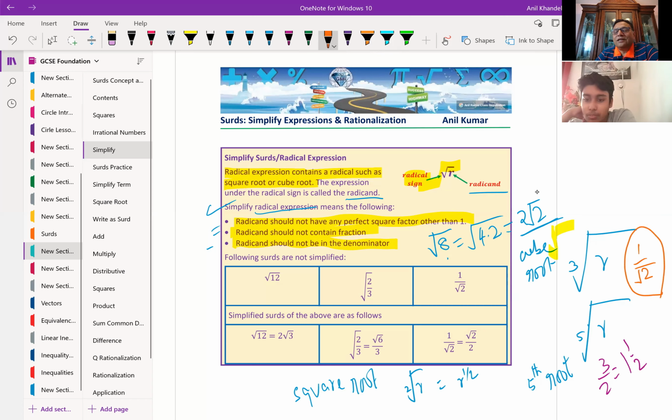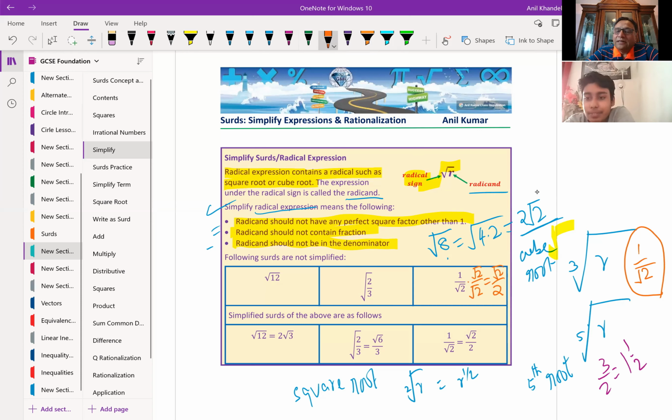I have to do rationalization to get it out of this. How do we do it? We can just multiply it by square root 2 on both the numerator and denominator. So then that would just be square root 2 by 2. Perfect, because the square roots cancel. You do this kind of thing sometimes when you work in quadratic equations and even in trigonometry, right?